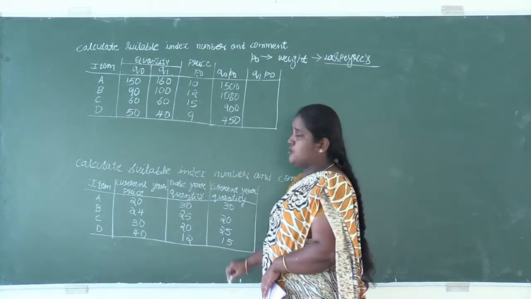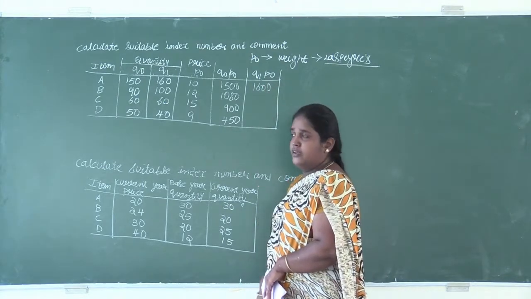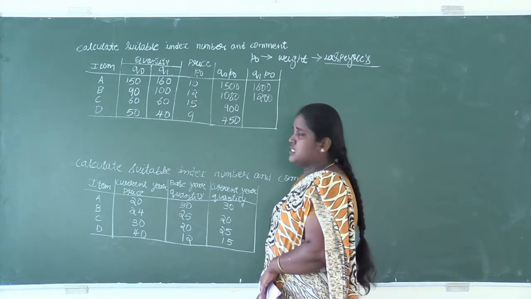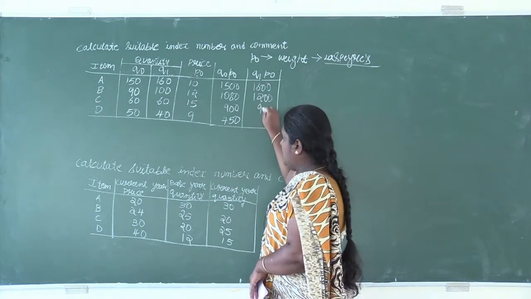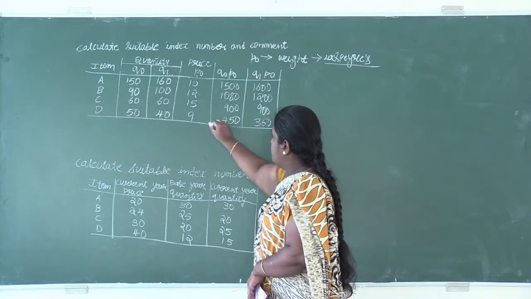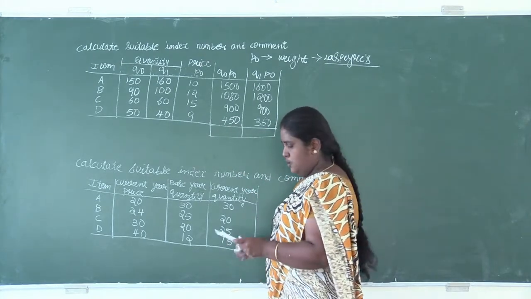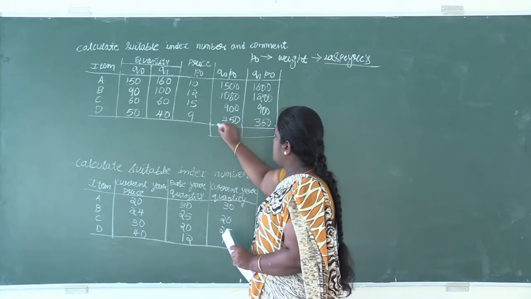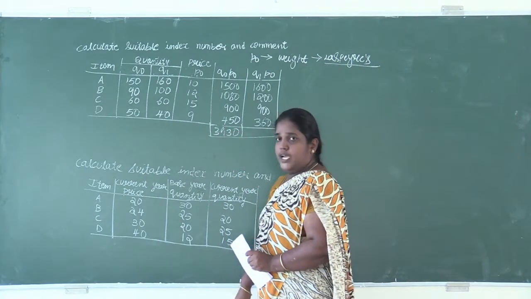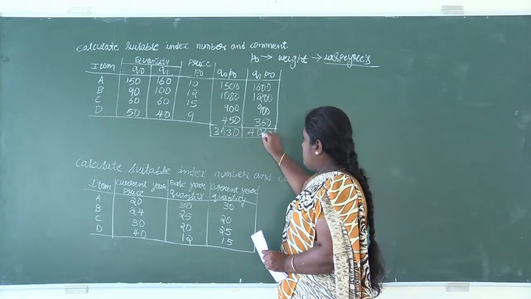Similarly, Q1 P0, 160 into 10, 1600, 100 into 12, 1200, 60 into 15, 900, 40 into 9, 360. Add Q0 P0 and Q1 P0. So when we add Q0 P0, it is 3930, and when we add Q1 P0, it is 4060.